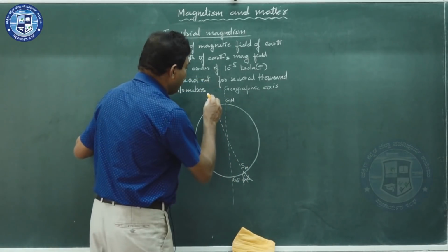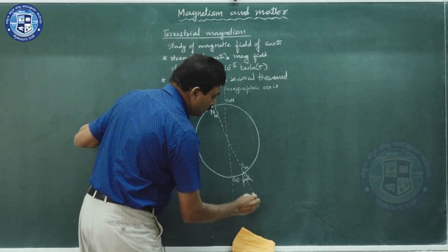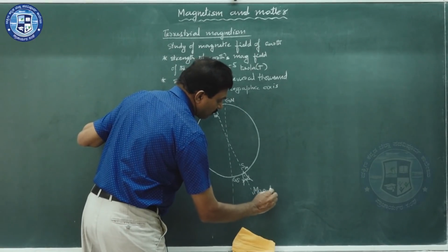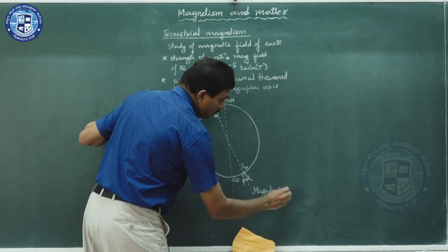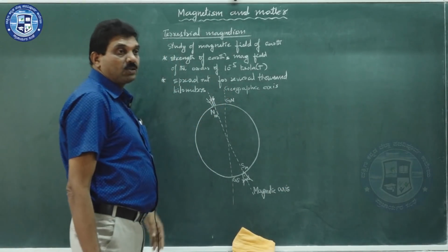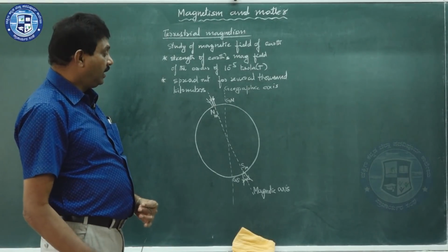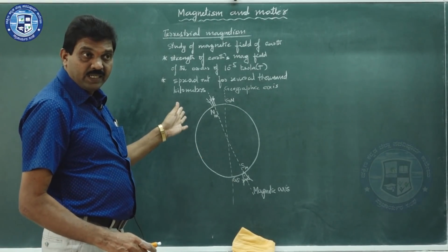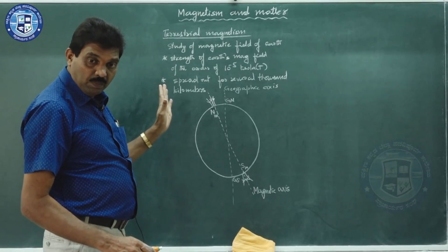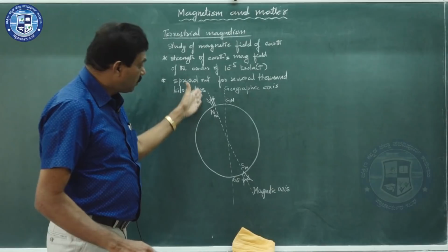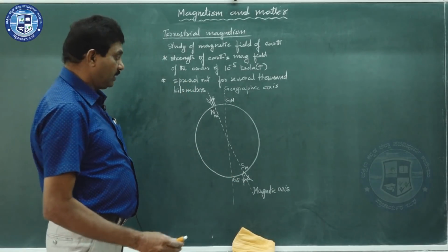So, where is the magnetic axis of the earth? This is the magnetic axis of the earth. So, the suspended magnetic needle always comes to rest along the magnetic axis. A bar magnet suspended to rotate in the horizontal plane about the vertical axis comes to rest along the magnetic axis.